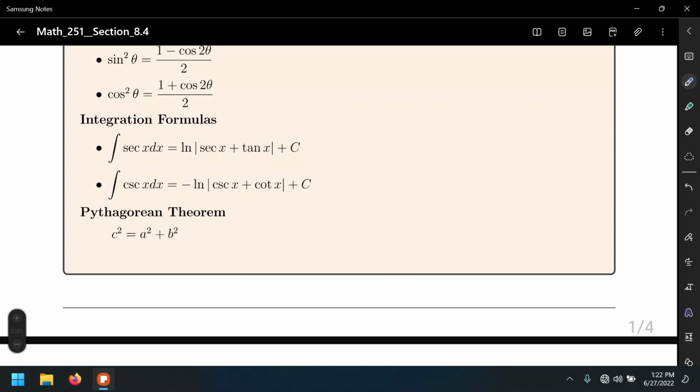Okay, so here's the thing. Something I don't like about pretty much every calculus textbook is that you're given this integral, and if it is this form, then use this substitution. So they ask you to memorize substitutions and formulas.